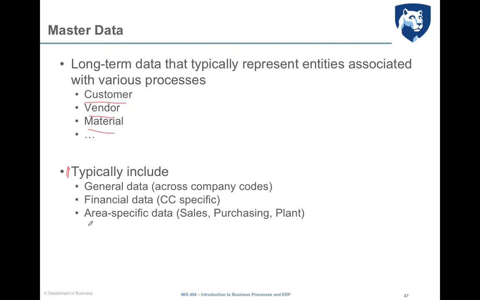And finally, we have function specific data, meaning data which are involved in a specific process or a specific function. For example, suppliers or vendors are specific to the procurement process or the procurement area. Customers are specific to the demand fulfillment process, so the marketing area, and so on.